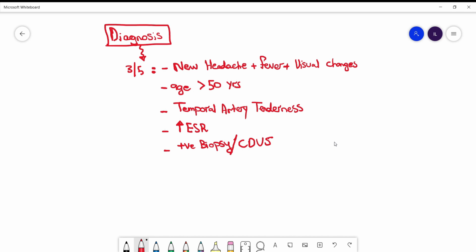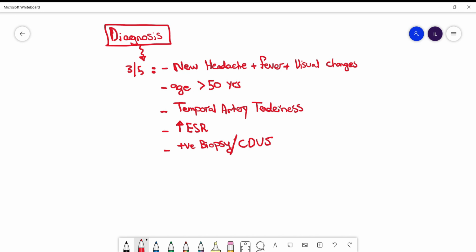Now, some comments here. I would say age above 50 is almost always present, and you need to pick 2 others from the other 4. And as you can see, you might have 3 positives from these 5 without having a positive ESR, nor having a biopsy to confirm your diagnosis yet.